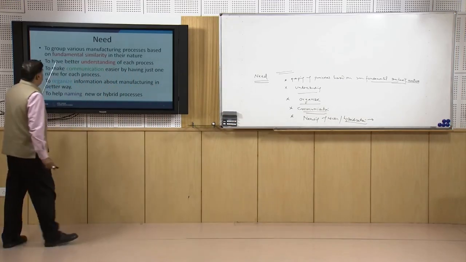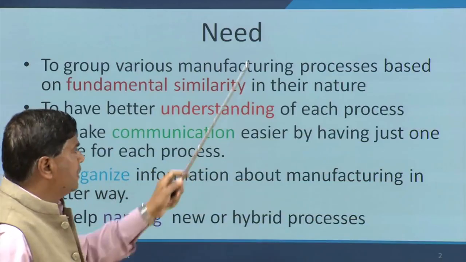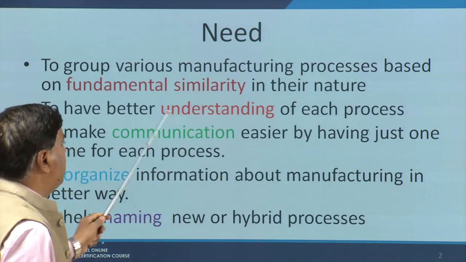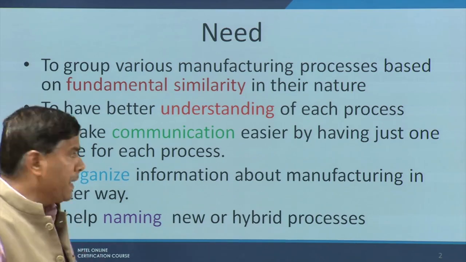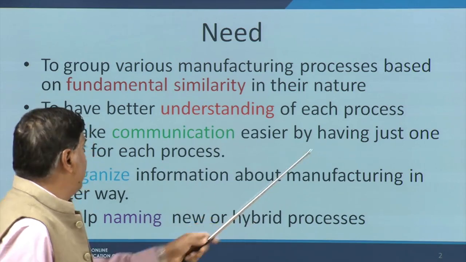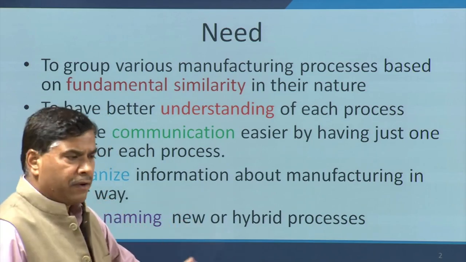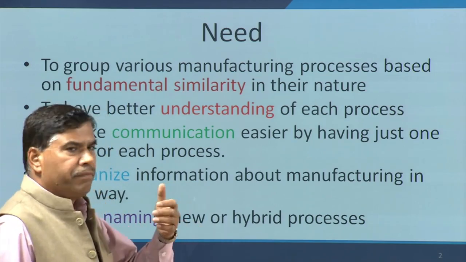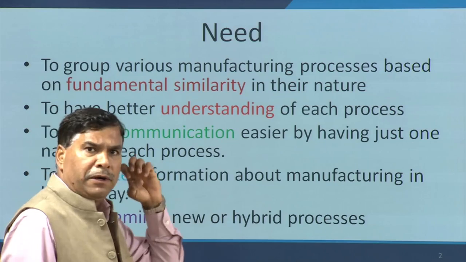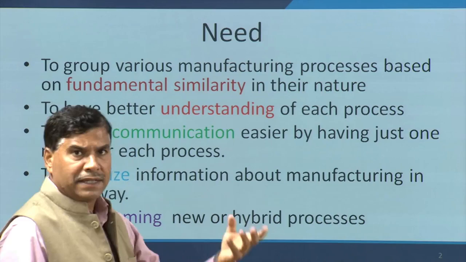The need of classification is to group the various manufacturing processes based on the fundamental similarity in their nature, to have a better understanding of each process based on their grouping, and to make communication easier by having just one name for each group, like sand mold casting, die casting or centrifugal casting. All of these are processes where the given material is melted and then poured into the mold to get the desired shape.